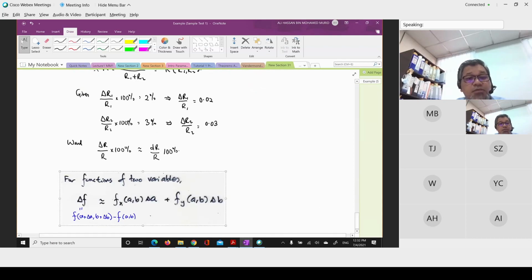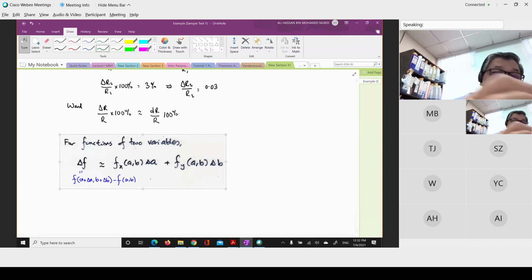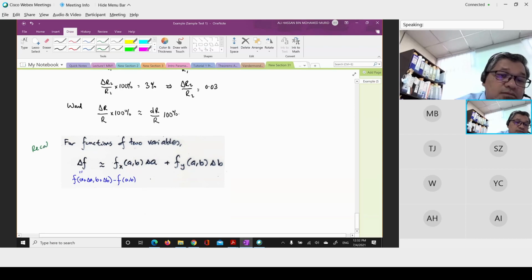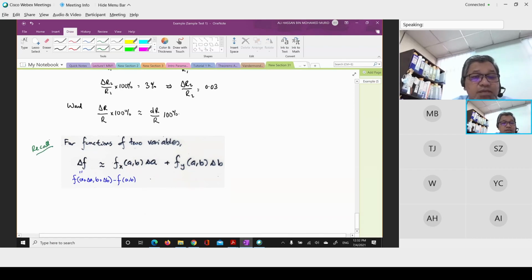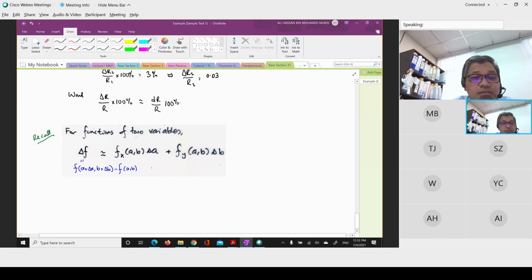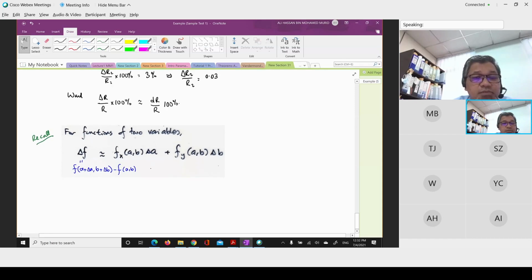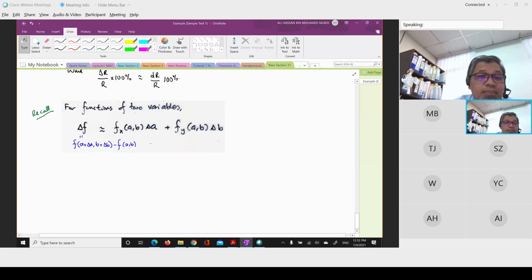Okay, you recall this formula. Now, instead of F, we're going to use capital R. Instead of X, we want to use R1, and instead of Y, we want to use R2.